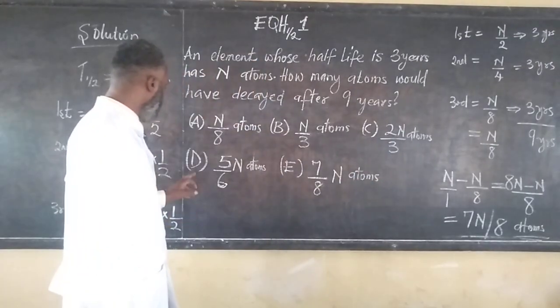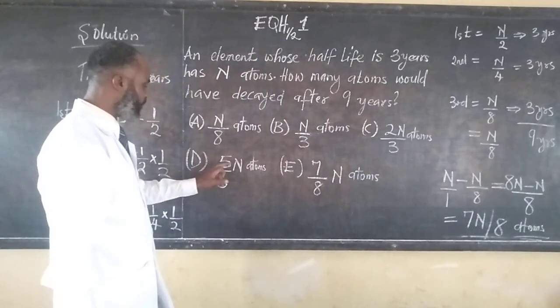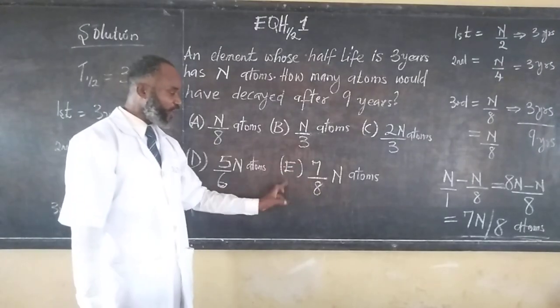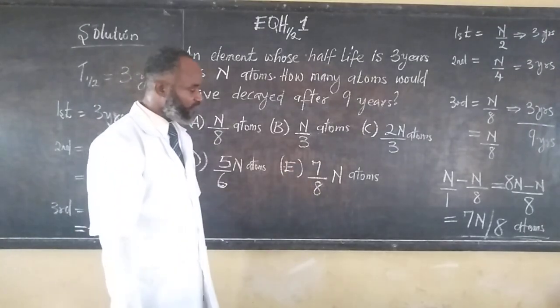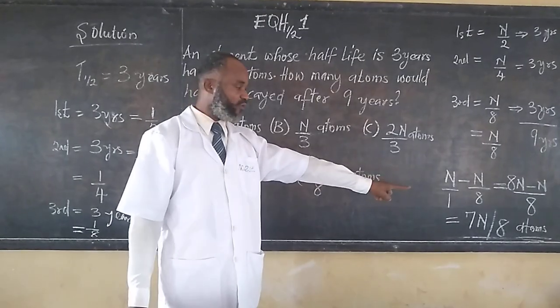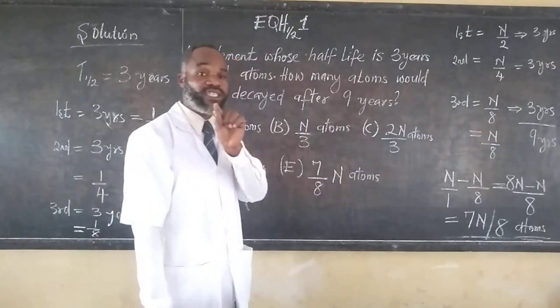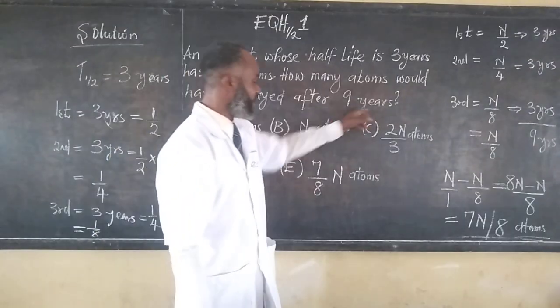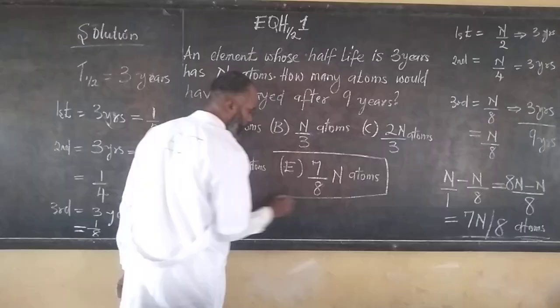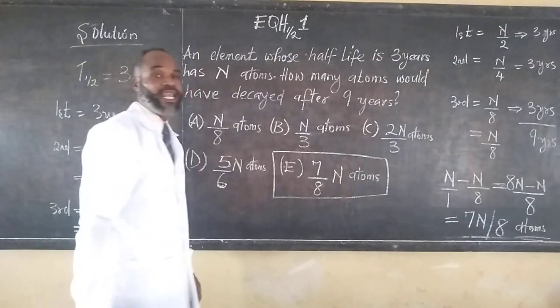Option D is 5N atoms over 6, not the same thing. And finally, option E, 7N over 8 atoms. And we have 7N over 8 atoms after 9 years. Therefore, the most appropriate answer is option E.